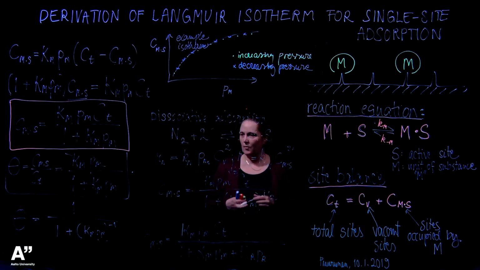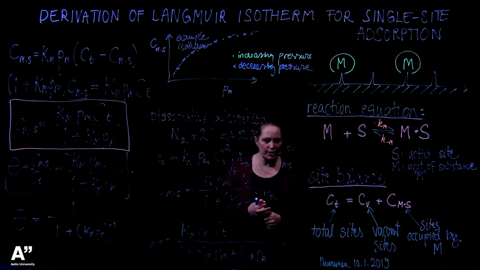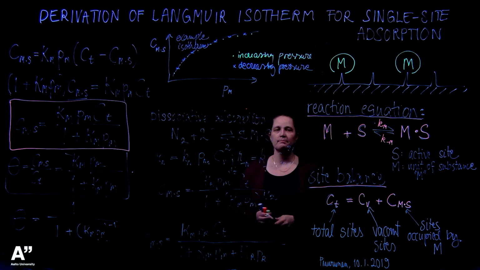So there are many model isotherms here. We have now gone through the derivation of the Langmuir adsorption isotherm. We did it for the simple case of just molecular or non-reactive adsorption on a single site, which is reversible. You can apply the same principles for more complex systems.